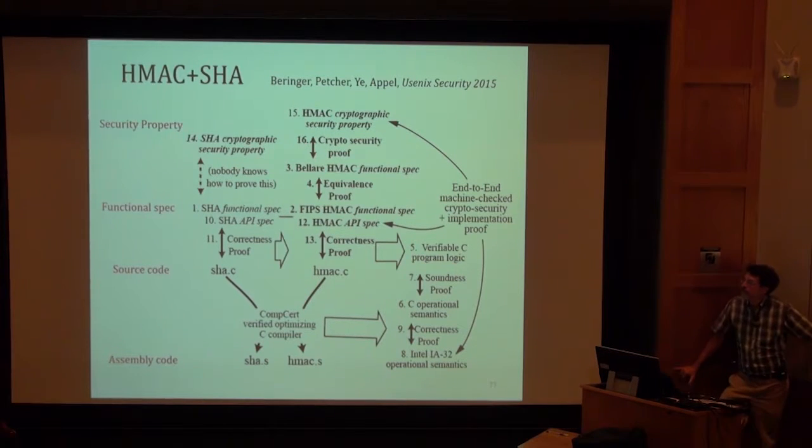And what we want to prove is that the adversary, who can only do 2 to the 100 steps of computation, will have a probability of finding a collision in that hash function of less than 2 to the minus 70 or whatever.